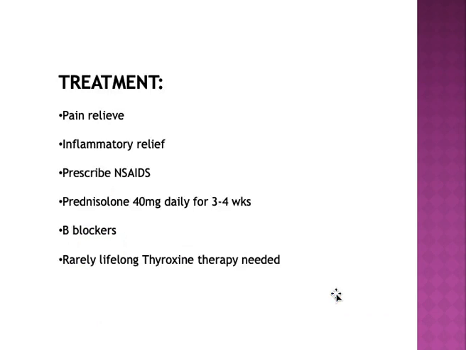Talking about the treatment, as I already told you, the first is symptomatic. Of course, if someone has pain in the thyroid, or it is a painful type of thyroiditis, like de Quervain thyroiditis, or due to viral infection, you can give them NSAIDs, you can give them prednisolone.